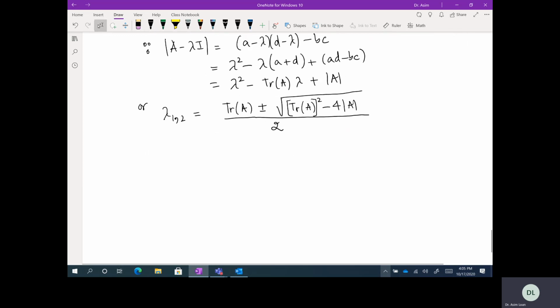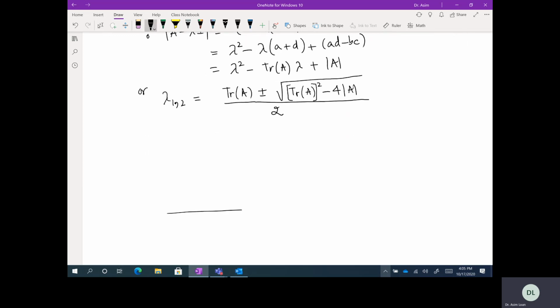So if I plot this equation, this is trace of A, and this is determinant of A, and I have this parabola. And what is this thing?